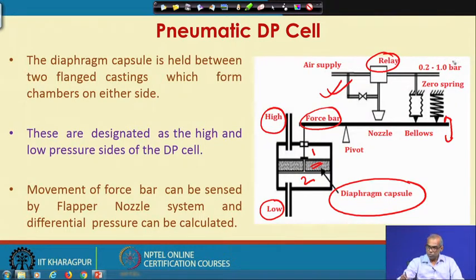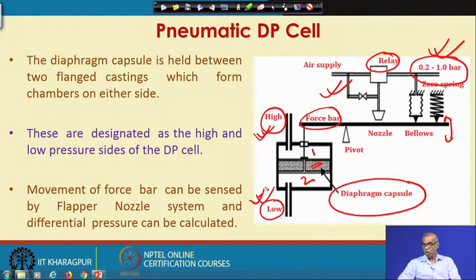So, the output, which is a 3 to 15 psi air signal or 0.2 to 1 bar, is a measure of the difference between these two pressures. So, this output pressure signal is a measure of the difference between these two pressure sources.